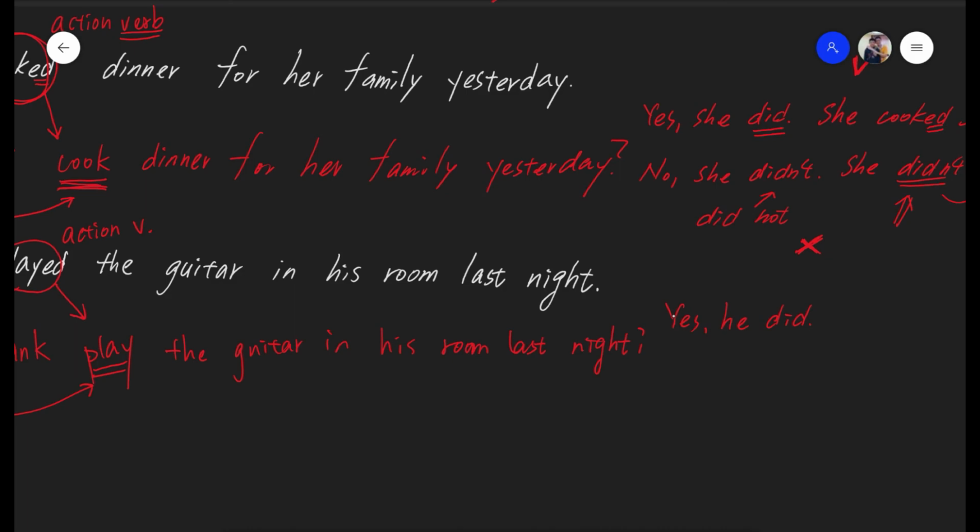助动词开头的问句 yes no 问句就用助动词来回答。So yes he did, and then he played. Remember the ed, the guitar in his room last night. 因为肯定句里面没有助动词，所以记得要把 ed 放回去。And then no, he didn't.